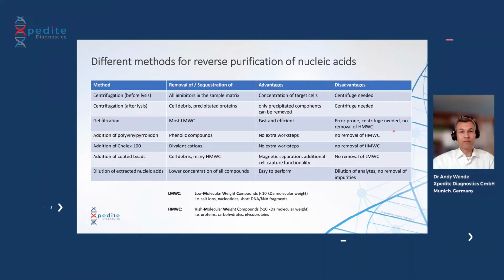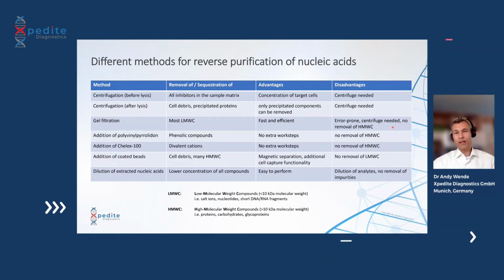Disadvantage is the procedure itself is quite error prone because first of all, you need a centrifuge. There's another disadvantage. And then you have to very carefully apply your sample onto this kind of column. It's a mini spin column, if you want. And you have to be very careful to apply the sample so that it really goes through all the resin.